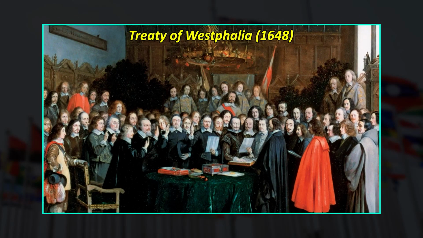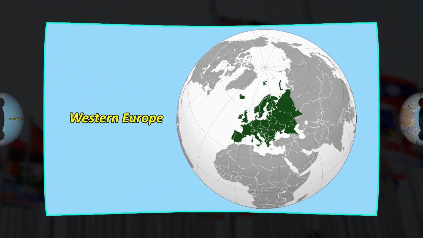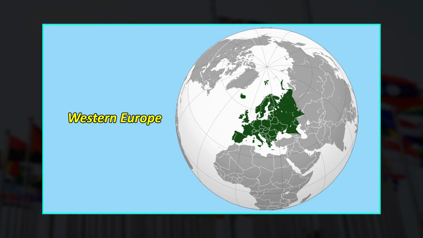Dear students, the idea of nation state is associated with the rise of the modern system of states that generally speaking dates back to the Treaty of Westphalia 1648. Today, the nation states are the most powerful political actors in the world. This modern nation state system began in Western Europe and would eventually spread across the globe.